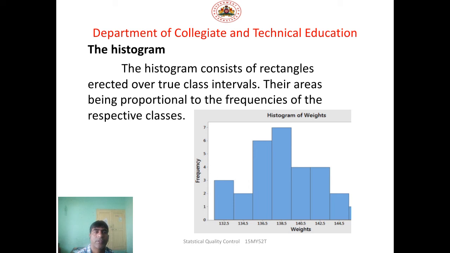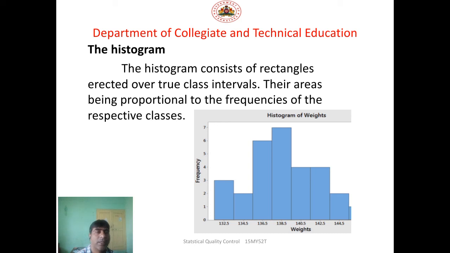I have shown a graphical representation, which you can see on the screen. The first class interval is from 130 to 132.5, and the frequency of that class is 3.